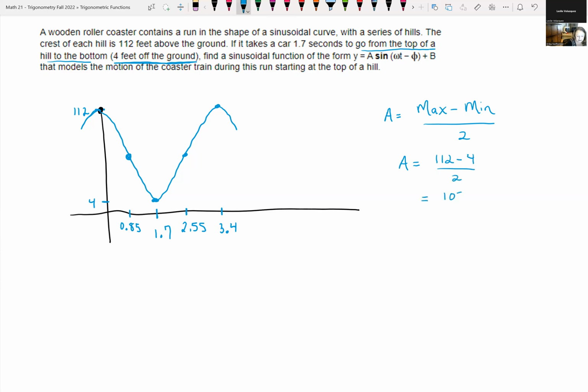So 108 divided by 2 gives us back 54. So our amplitude is 54, that's the absolute value of a. We'll talk about whether that is positive or negative, depending on where we're starting.